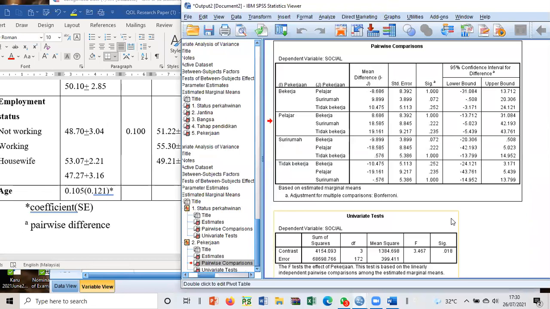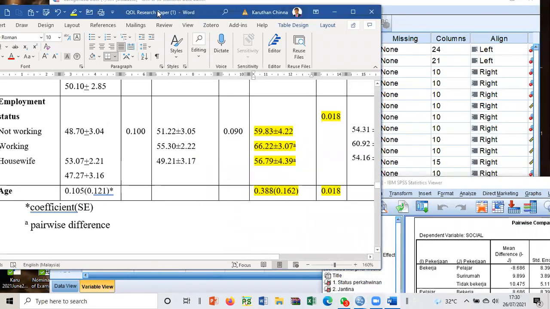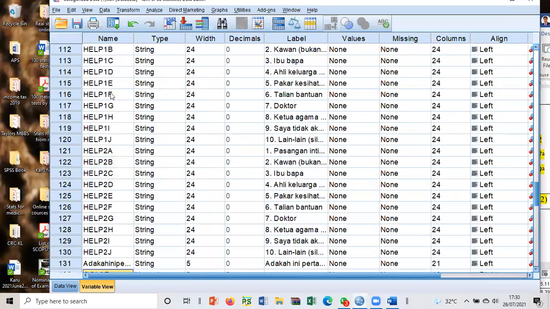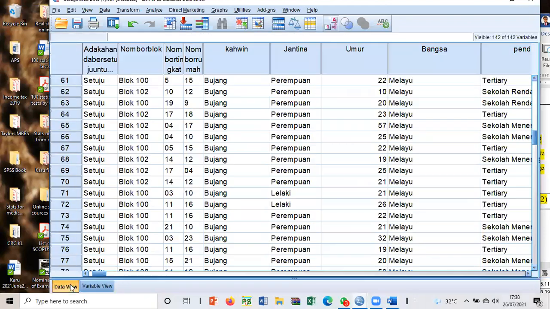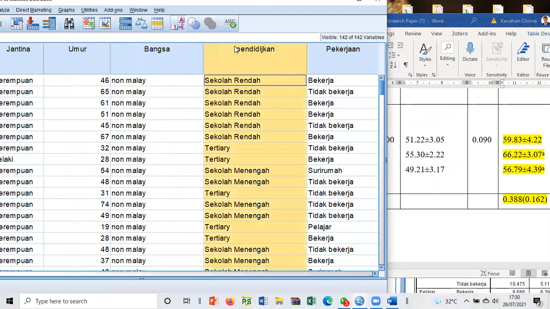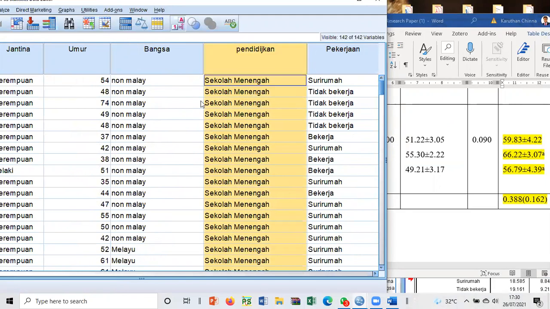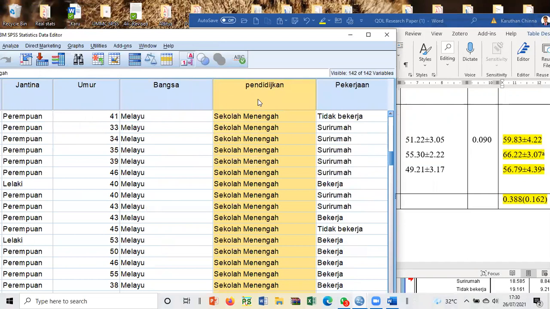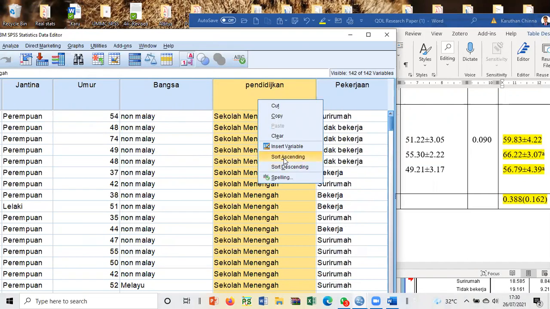Now, maybe I do the data after combining these two. That's why I'm not very clear. Not working, working, housewife. So variable, let's make it 3 categories. Okay, pendidikan. How many levels? 3.